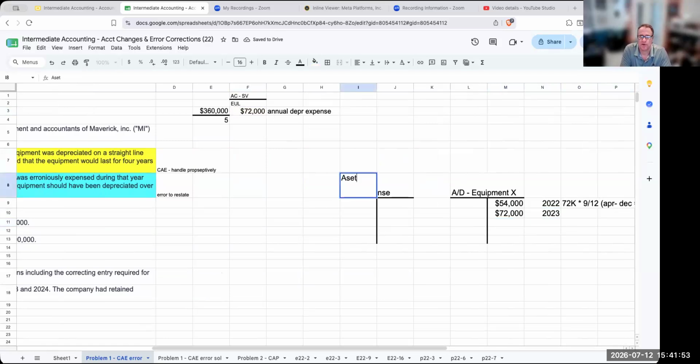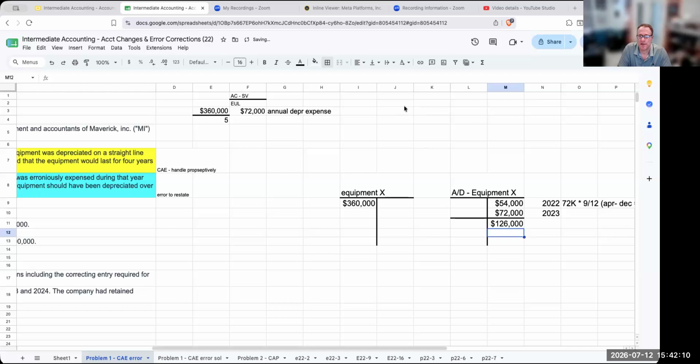If we take a look at equipment X, I bought this thing for 360. I've done this depreciation. So my net book value as of 1/1/24 is going to be equipment X less the accumulated depreciation.